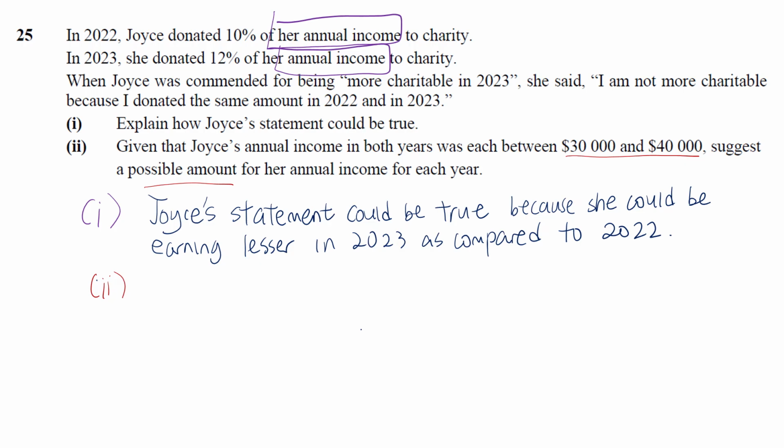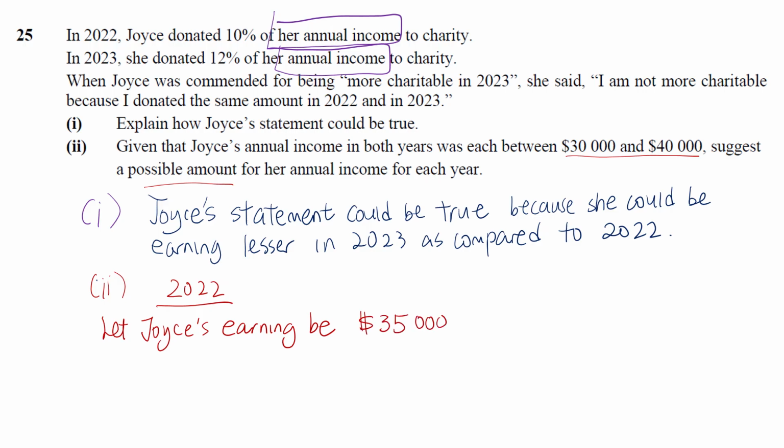Okay, so what we can do is say in 2022, we let Joyce's earnings be 35,000.